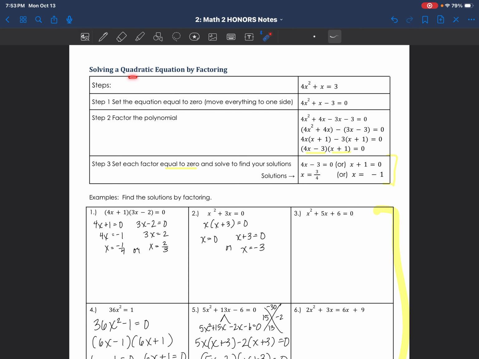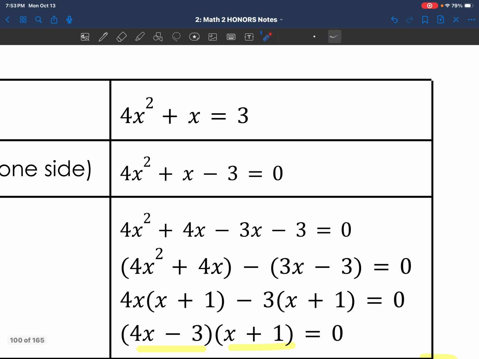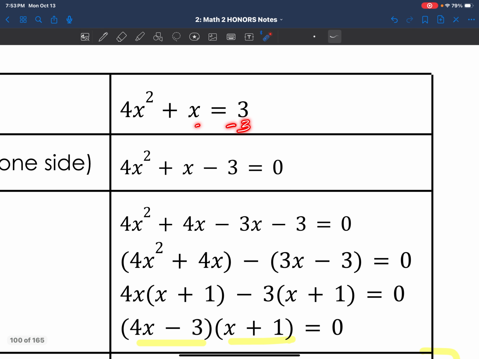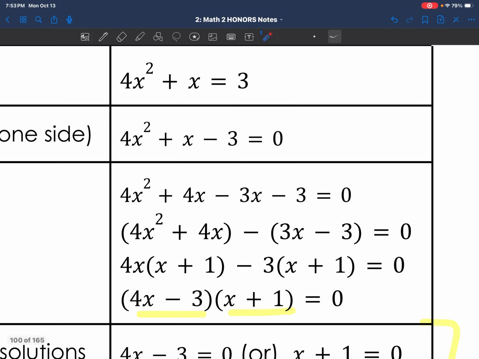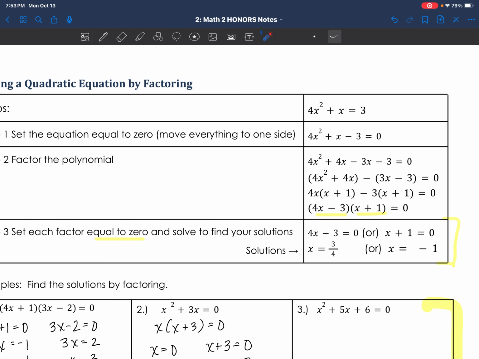Alright, now we're going to solve quadratics by factoring. So again, you're going to set everything equal to 0, so you're going to move everything to this side. So what we did here was we subtracted 3, and then we ended up getting this equal to 0. Now that we've got this to 0, now we can start breaking it apart and factoring it.